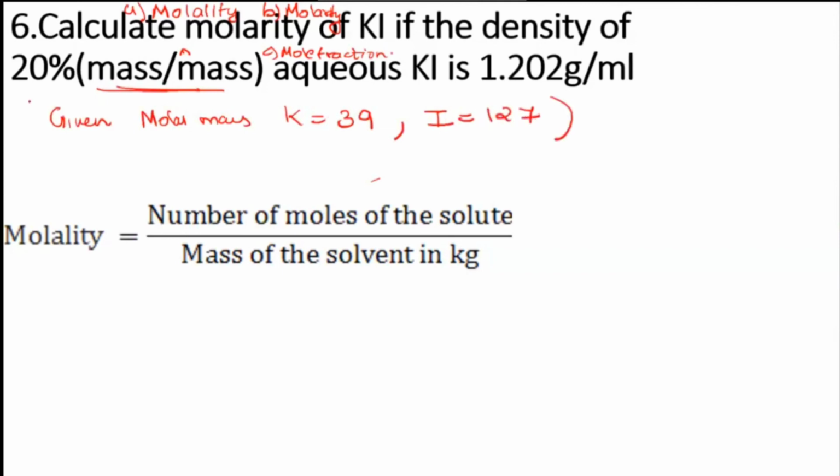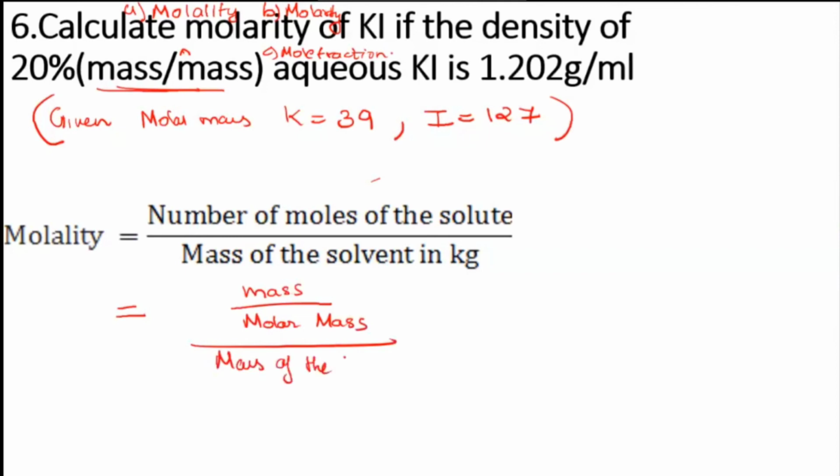This will be given to you in the problem, okay? You can write it down in the problem itself. So now we need to calculate number of moles of the solute by mass of the solvent in kg. I will directly substitute here. Number of moles is mass by molar mass, divided by mass of the solvent in kg.